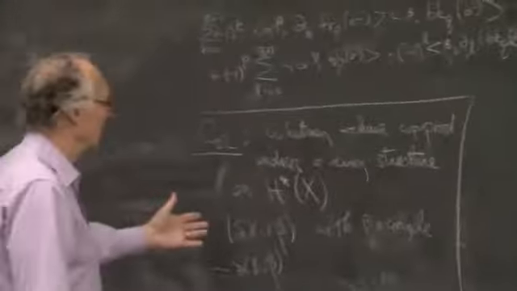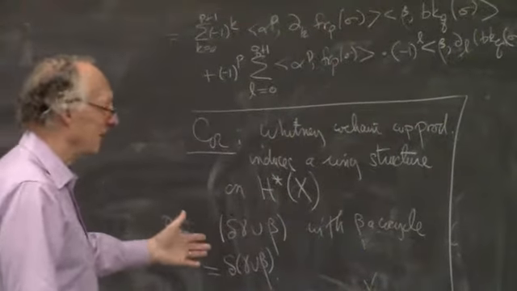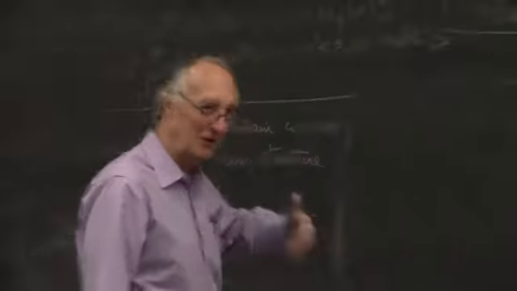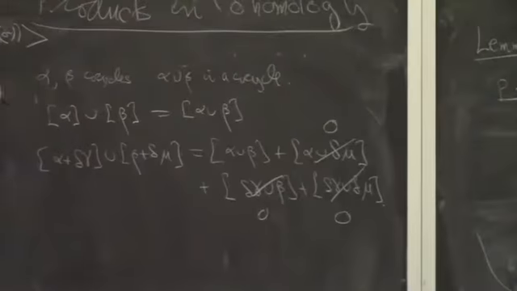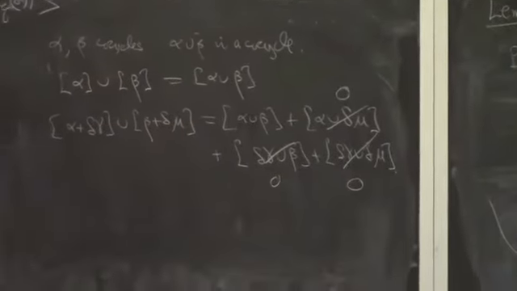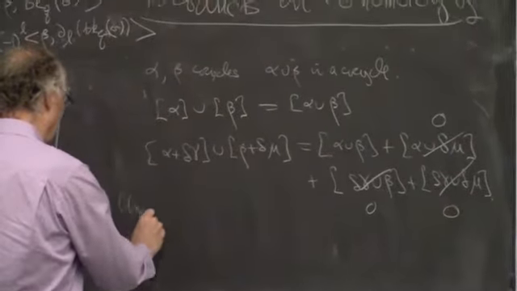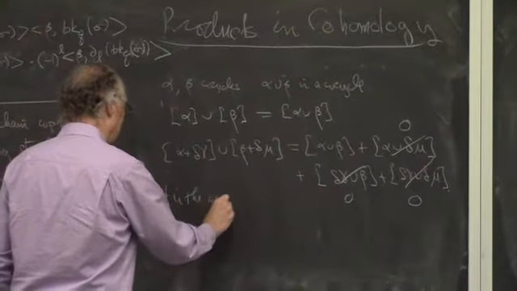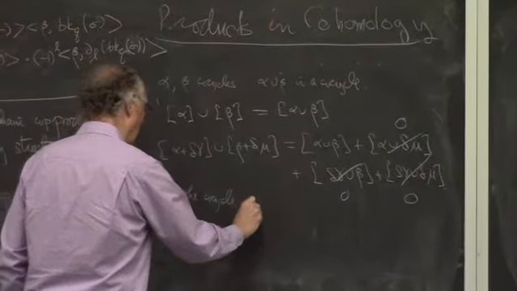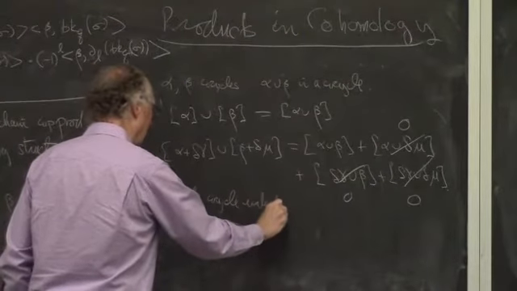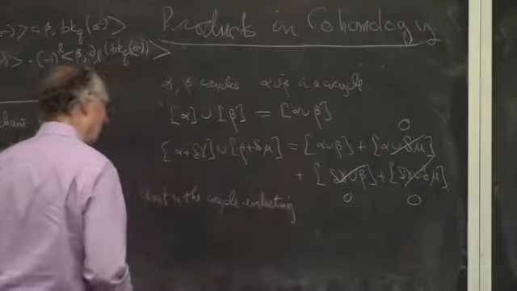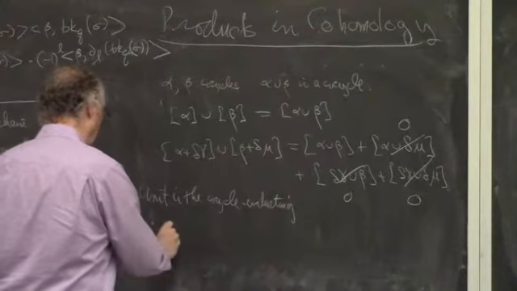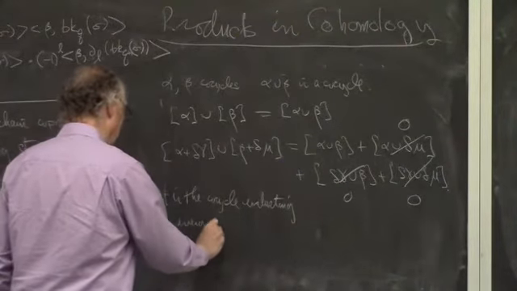Since I started with an associative ring, if I restrict it to cocycles, it's an associative ring, so it induces an associative ring in cohomology. And we still have a unit. The unit is the cohomology class of the cocycle evaluating 1 on every simplex.